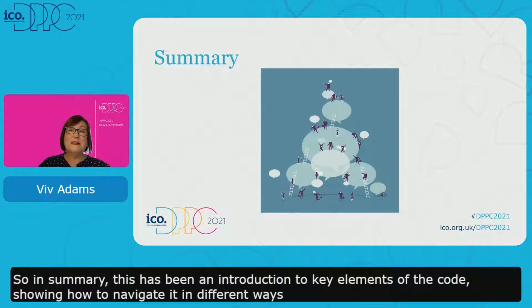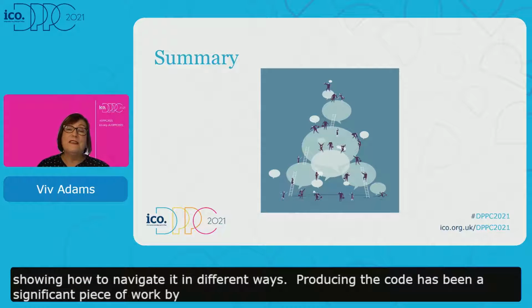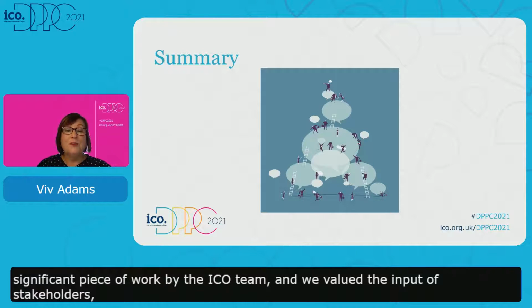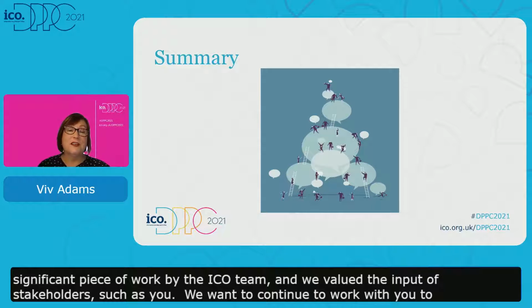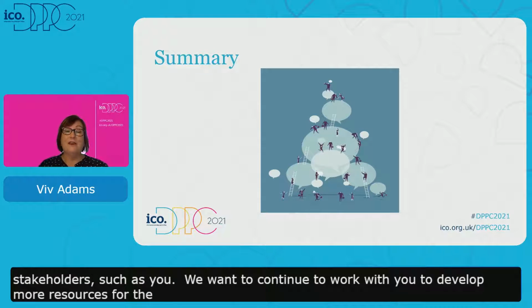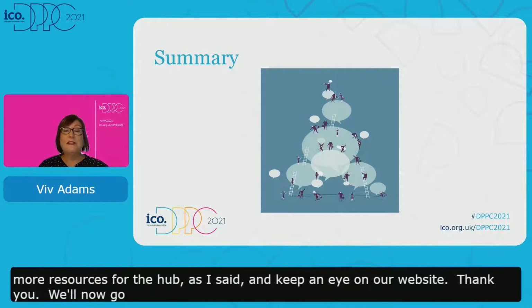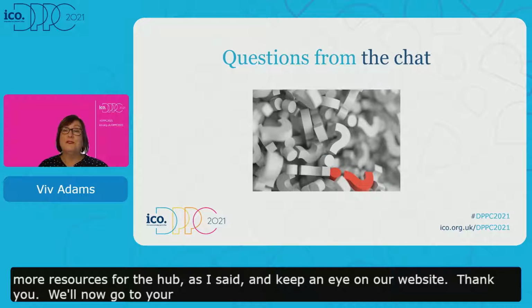Producing the code has been a significant piece of work by the ICO team, and we've valued the input of stakeholders such as you. We want to continue to work with you to develop more resources for the hub, as I've said, and keep an eye on our website. Thank you. We'll now go to your questions from the chat box.